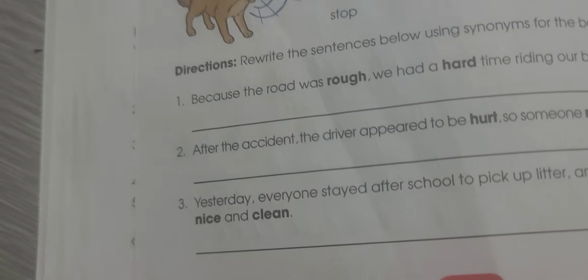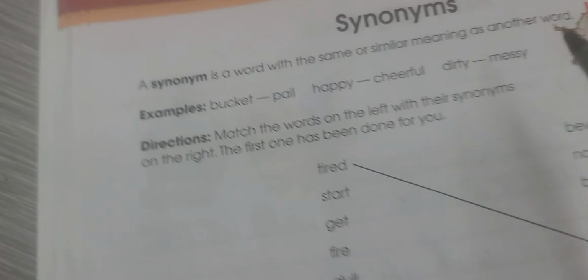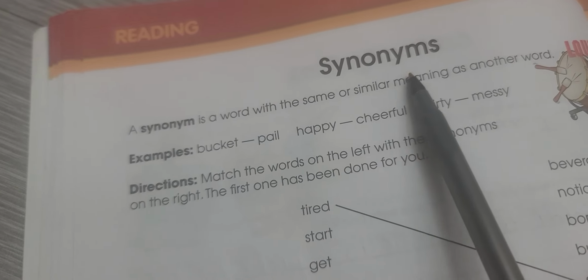All right, and so now we've moved on to page number 26. And this is still in the reading chapter. So what you're going to do is write your name at the top of the page. And this one is on synonyms.